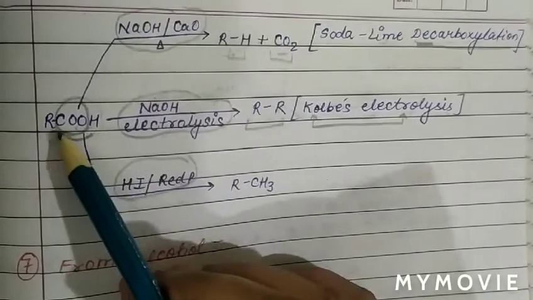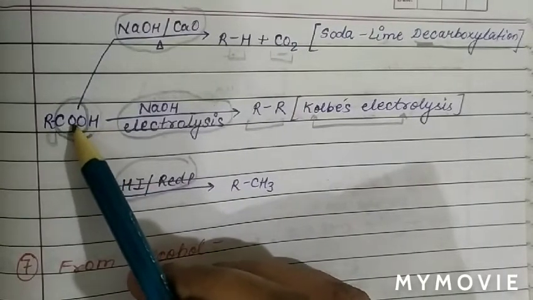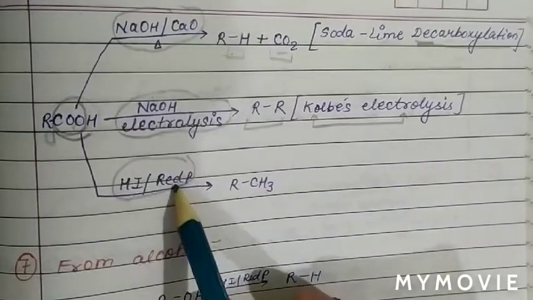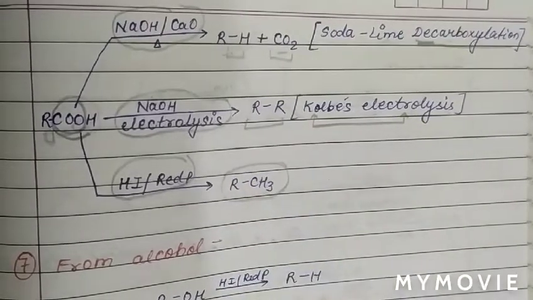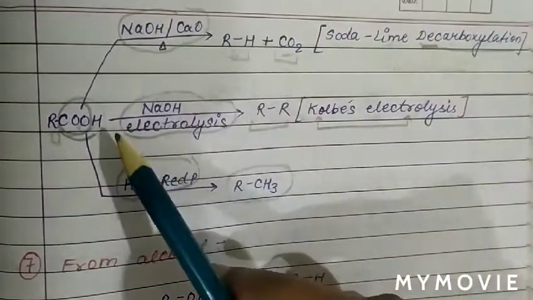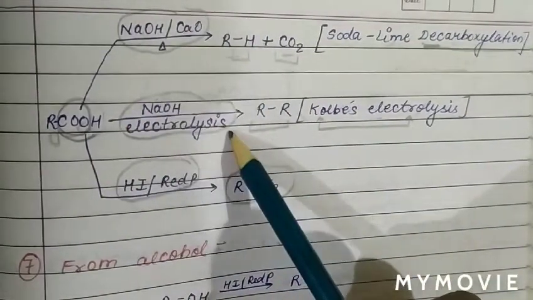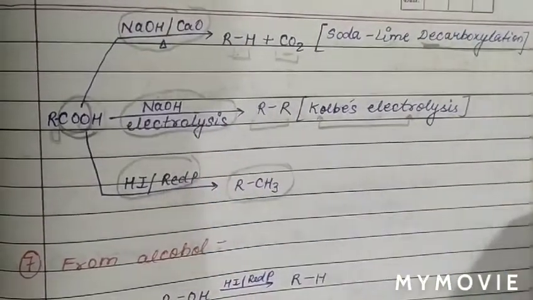There is removal of 2 oxygen atoms and addition of 2 hydrogen. So this carboxylic acid in presence of red phosphorus and HI also changes into alkane. So there are 3 methods for the preparation of alkane from carboxylic acid: one is decarboxylation, one is Kolbe electrolysis, and one is reduction with HI and red phosphorus.